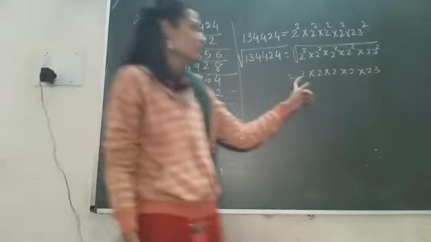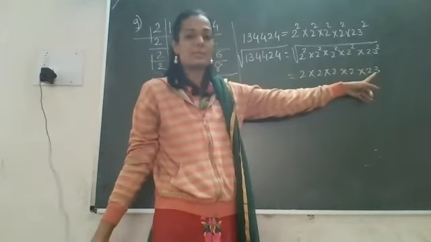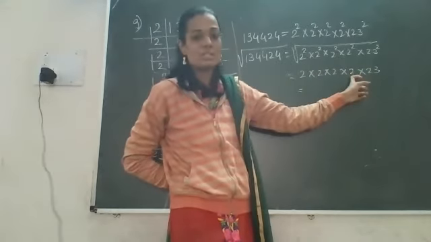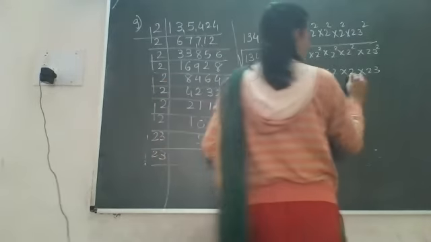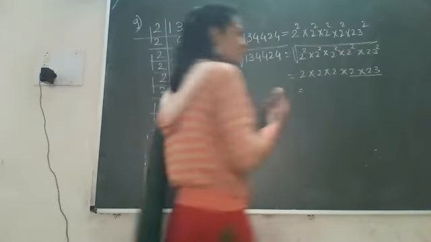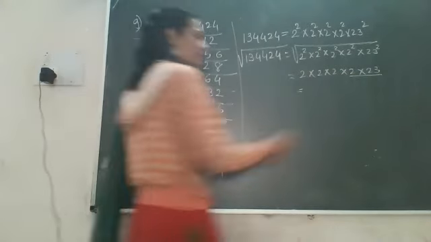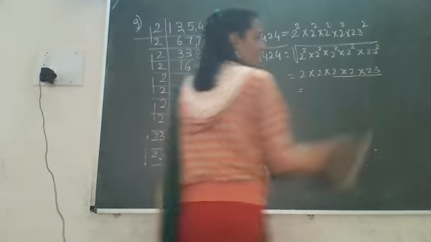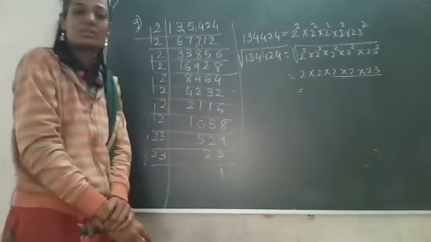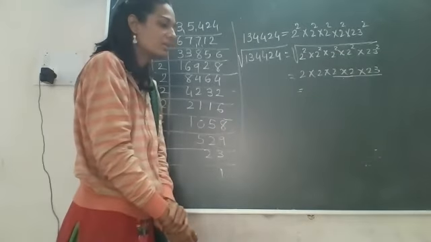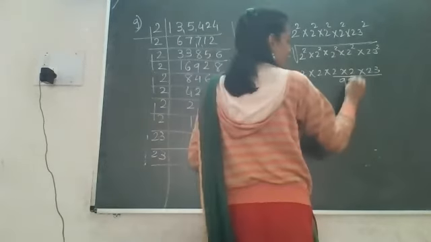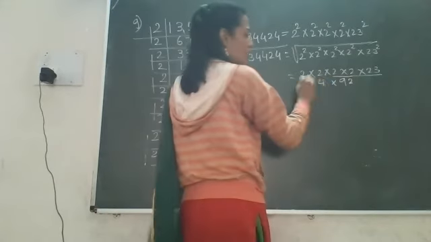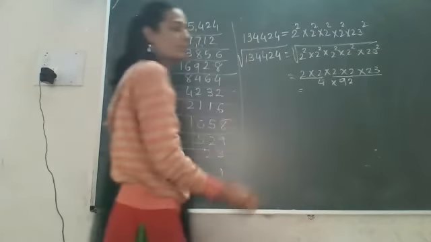Now 2 to sorry, यहाँ से start करते right from last 23 to the 46. 46 to the 92. 92 into 92 into 4. 2 to the 4 here and 92 into 4.